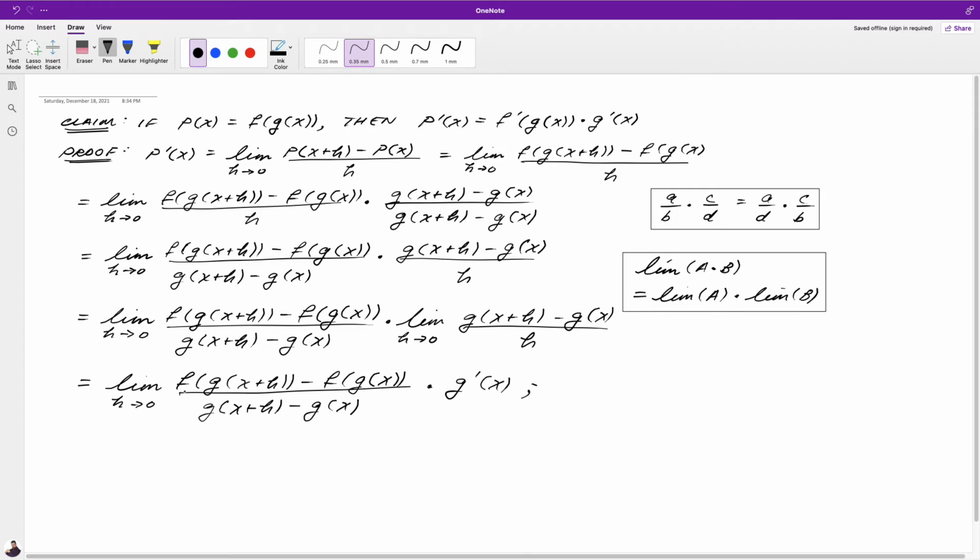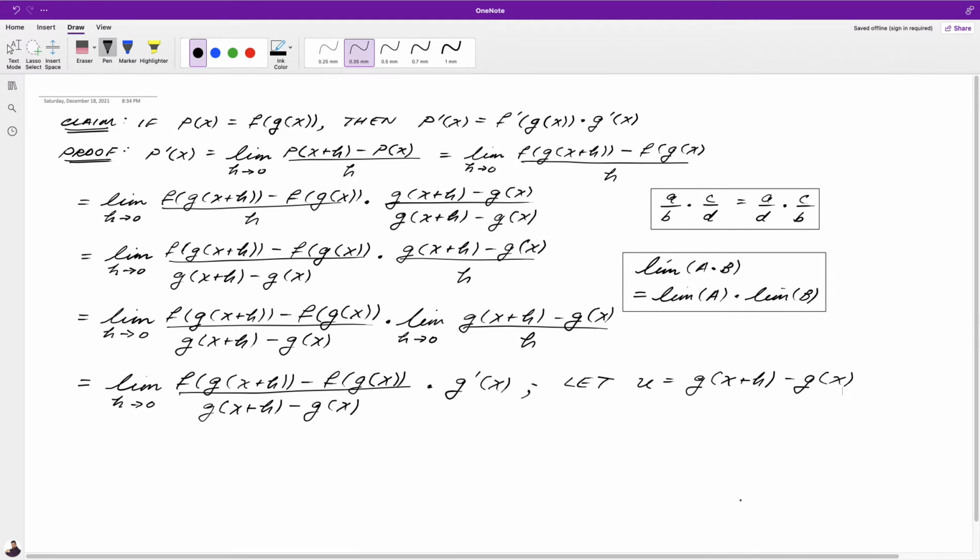If you're clever enough, you can see that it already really is, and you can rest your case here, but we're going to make it more evident. Let's let u equal, and we're going to be switching limits as well from h to u. So we want this whole thing to be one variable, just like we had division by h. Let's let u equal g of x plus h minus g of x. That would seem like a convenient way to do this.